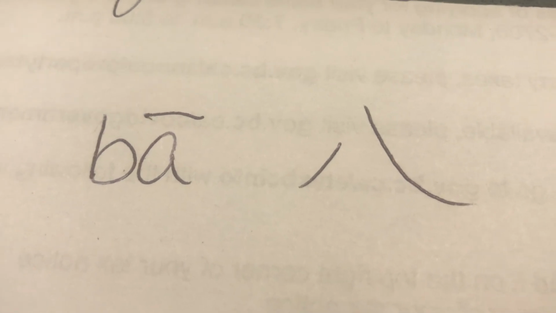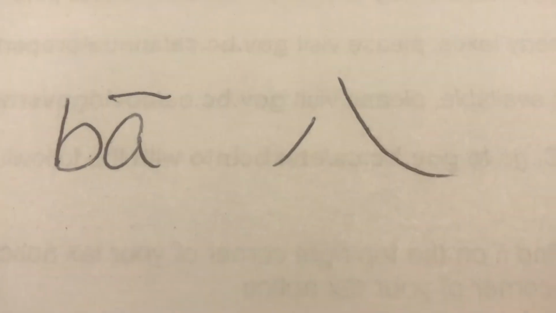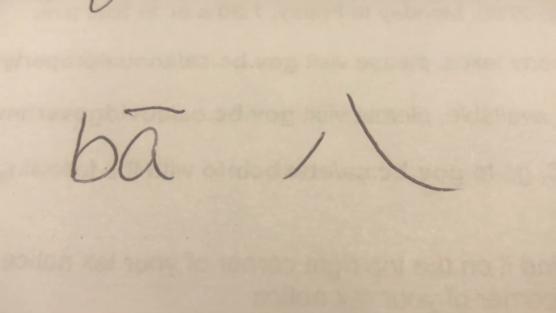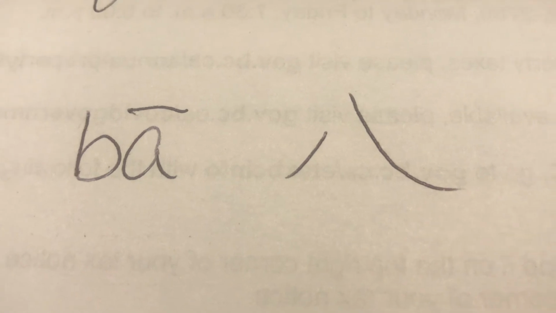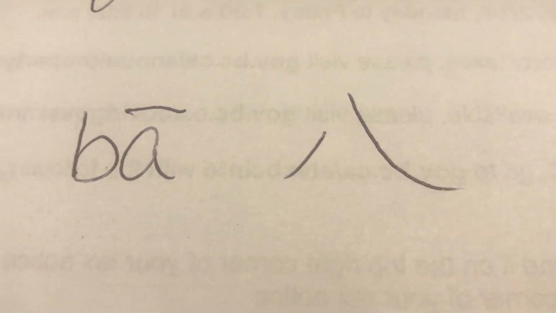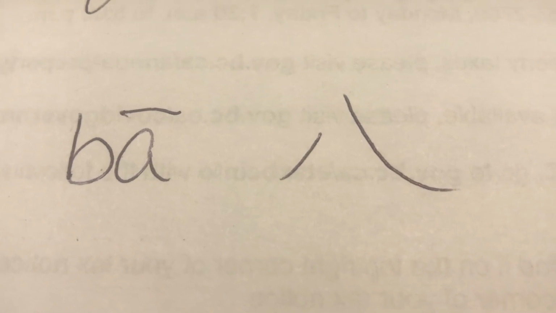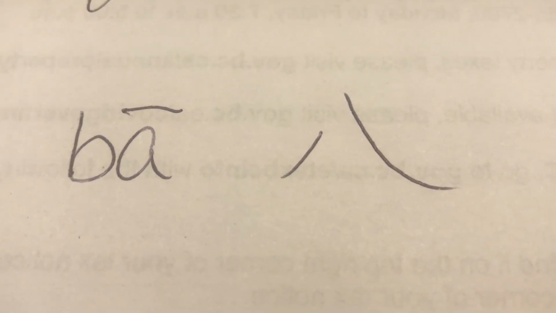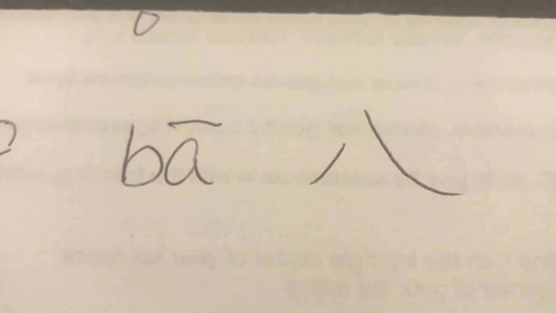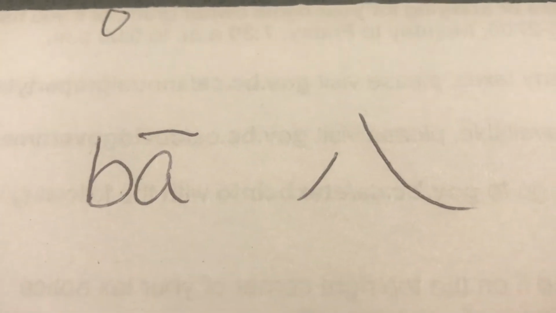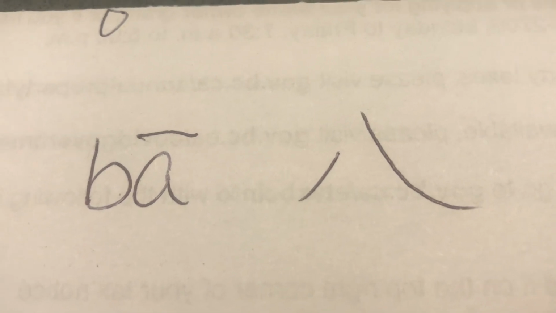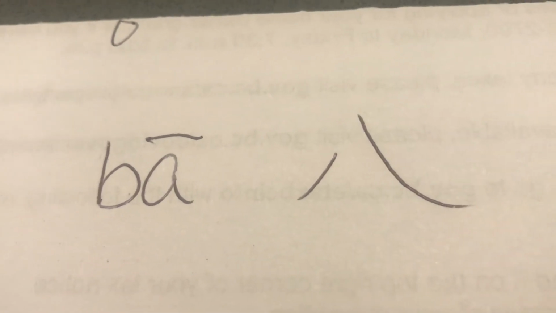So 8 can be divided into 4, 4 can be divided into 2, 2 divided into 1. Of course, at that time, people were not aware of the concept of 2.5 or 1.3 and this kind of numbers. So 8 is a symbol of the most dividable number, and in Chinese characters, this symbol means division. 2 separate lines means division.